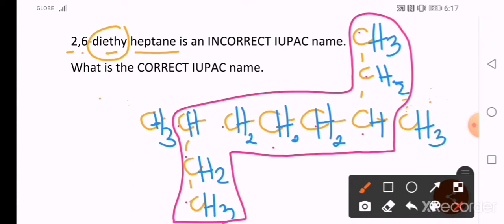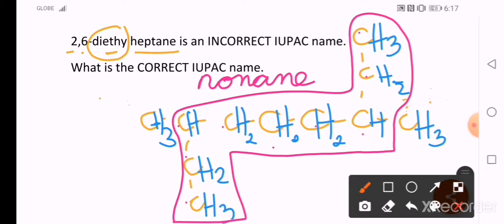Okay, so the name will be nonane. Because of the 9 carbon atoms and single bond, we have A and E as the suffix, so the parent chain is nonane.